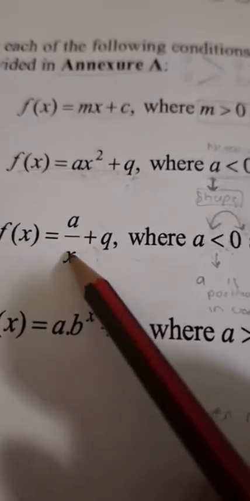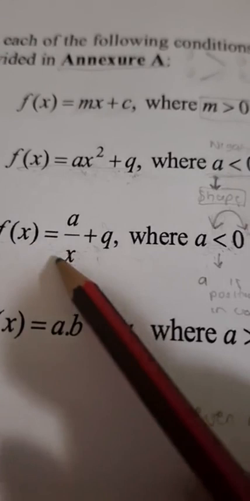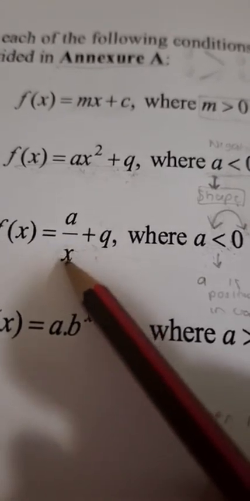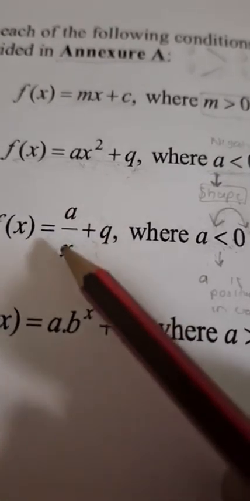This is the horizontal asymptote, and it has an equation. Since q is positive, this horizontal asymptote is situated above the x-axis. So that's why you see it here in our rough sketch.